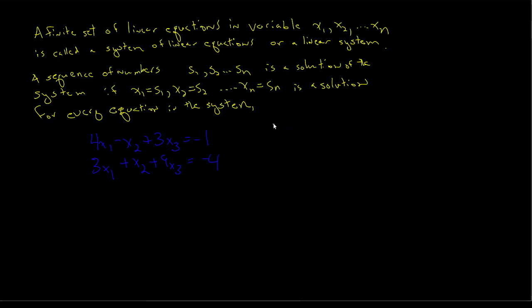And so this is a system of three unknowns and two equations. Now this has a solution. I'm not saying only solution, but I'm saying there is a solution where x1 equals 1, x2 equals 2, and x3 equals negative 1.